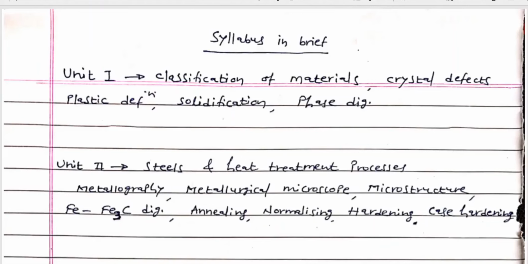Unit number 2 will be consisting of steels and heat treatment processes. Steel is an iron carbon alloy. So this is the most important alloy which is used in the engineering field. There are several advantages of making use of steels in the industries. So that thing we'll see. And next part is heat treatment processes.